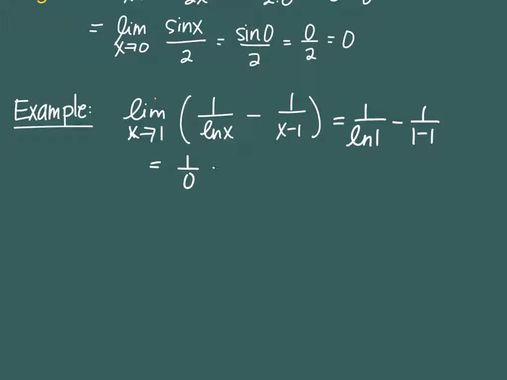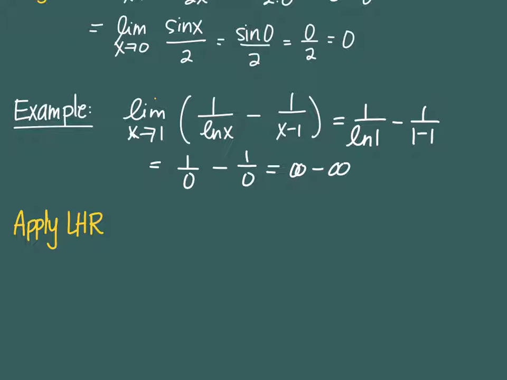That's 1 over 0 minus 1 over 0, which is infinity minus infinity. So here's a different kind of indeterminate form. So I'm going to need to apply L'Hopital's rule.